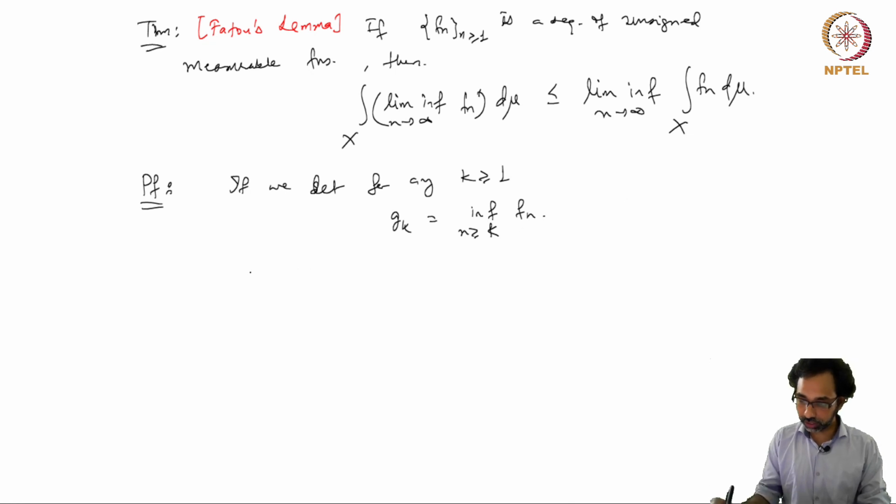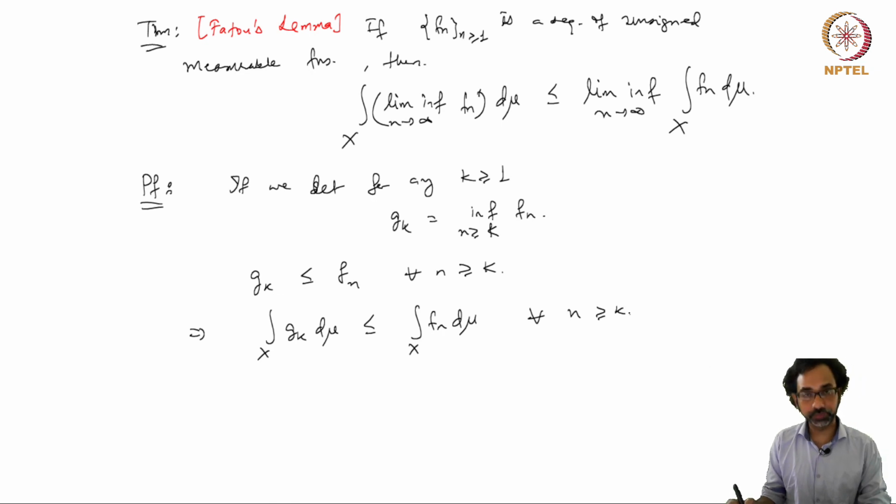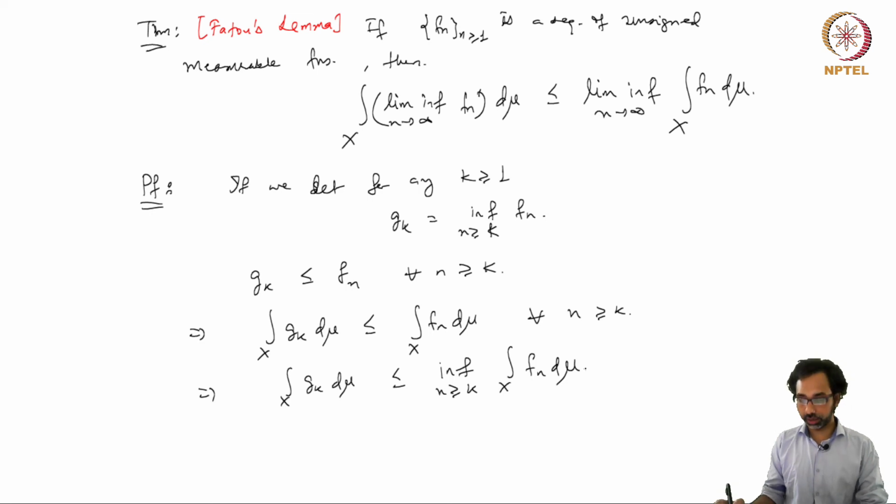So of course gk is less than or equal to fn for all n greater than or equal to k by definition, and so the integral of gk d mu is less than or equal to the integral of fn d mu for all n greater than or equal to k, which means that the integral of gk d mu is less than or equal to the infimum over n greater than or equal to k of these integrals of fn d mu.